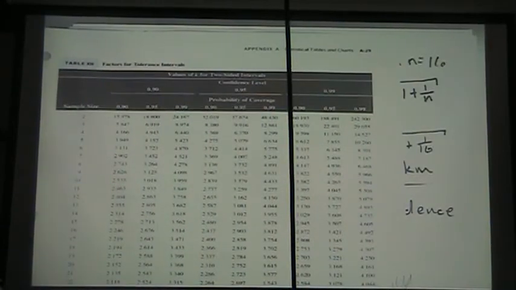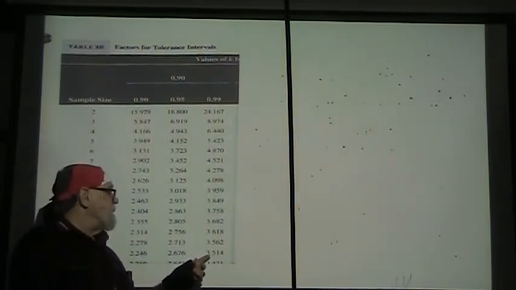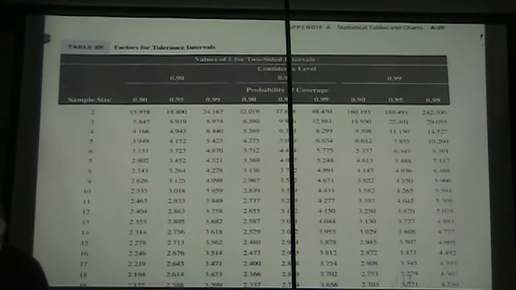All right, again, I'm using my two-sided table, 95% confidence level, 90% coverage. I blow it up a little bit. Our sample size is 16, so my K equals 3.514.